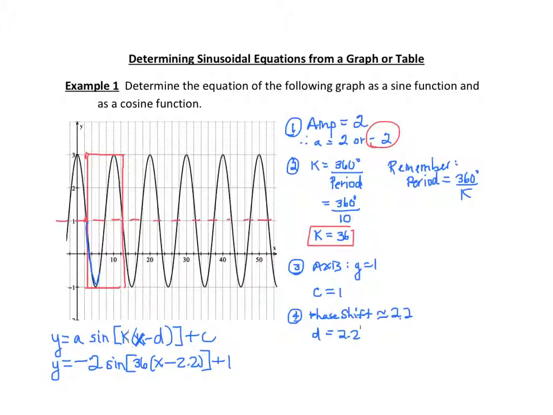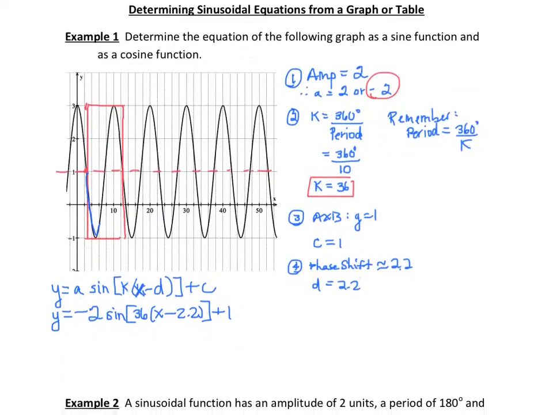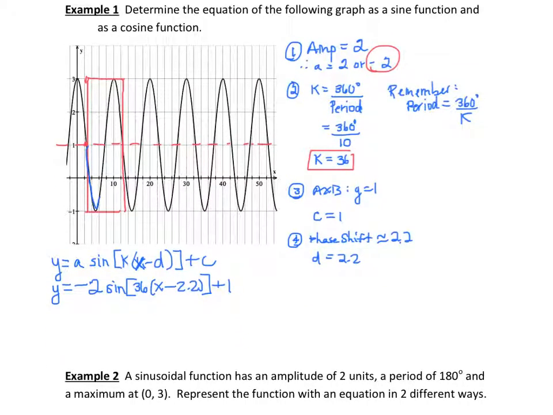Now it says find an equation as a sine function as well as a cosine function. So as a cosine function, if I was to draw a box around the first wave of this as a cosine function, the first maximum point is right here on the y-axis, as it is for the graph of y equals cos x. So there's no phase shift here.